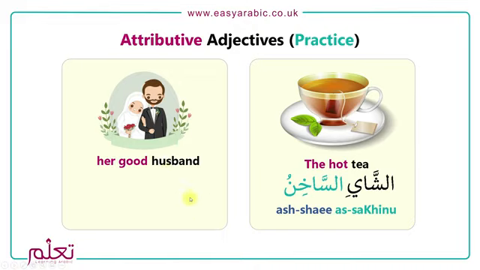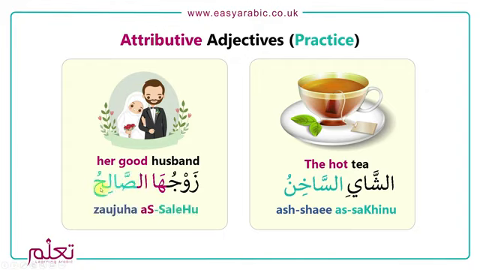Husband is zawj. So her husband would be zawjuha. And we said good was salih. So zawjuha as-salihu. Okay, so that is rule number 3.